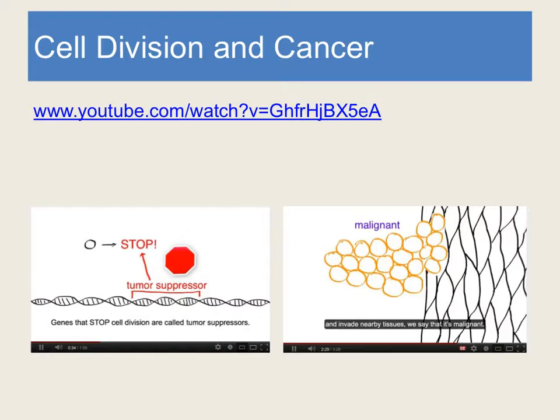Now, normally for all cells, when they come up against adjacent tissue, they stop dividing. And that's called contact inhibition.